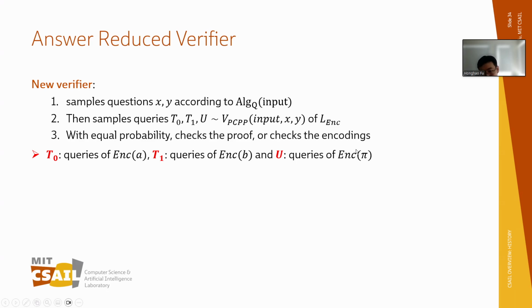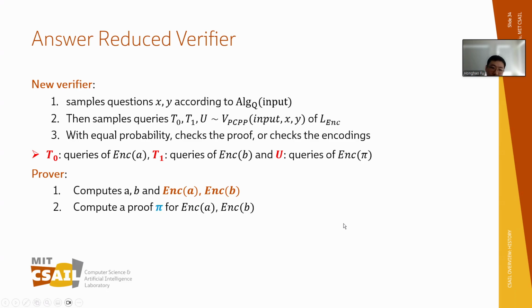So here you can see the prover is not just going to compute the proof, it's also going to compute the encoding of pi. And indeed, in the honest case, the prover is going to compute A and B just like the original provers, and then compute the encodings. And then they are going to compute the proof pi to show the encoding A, encoding B are in the language L-inc. And then it's going to compute the encoding of the proof and answer the queries T0, T1, and U using all these three encodings.